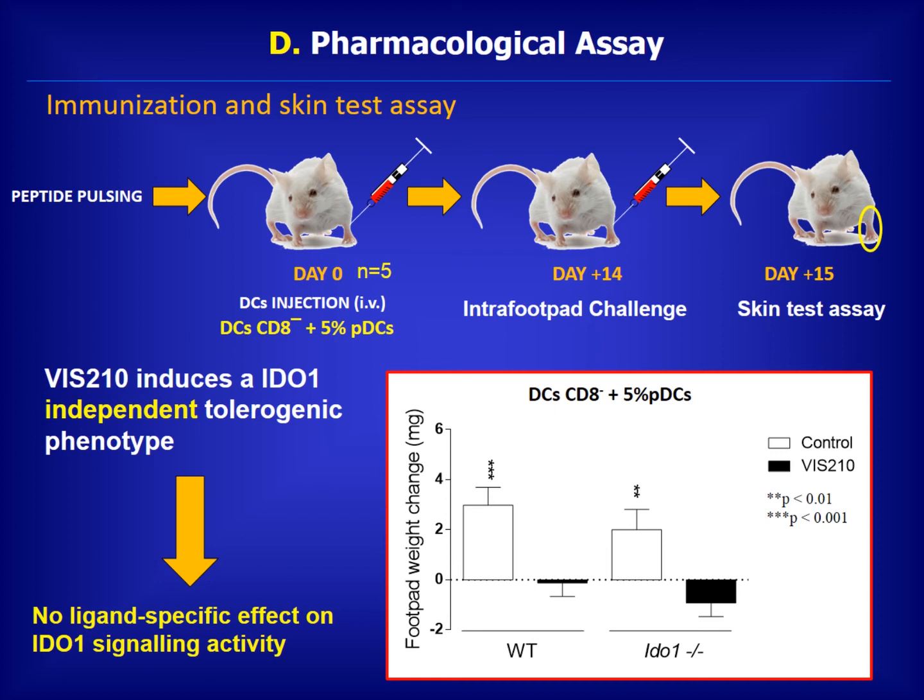But this effect, this tolerogenic response, seems to be not dependent on IDO1, because it seemed to be more significant in mice treated with IDO1 knockout dendritic cells than in mice treated with wild-type dendritic cells. So these results suggested that this tolerogenic effect of BIS-210 depends on the interaction with other targets besides IDO1.